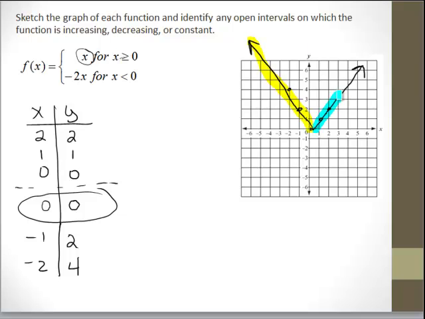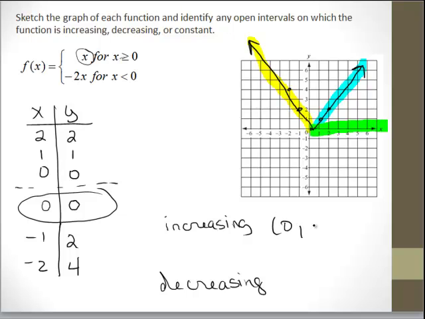It looks like it is rising on this side. So you don't have any constant, but you have increasing and decreasing. It is increasing from 0 to infinity, and it is decreasing from -infinity to 0.